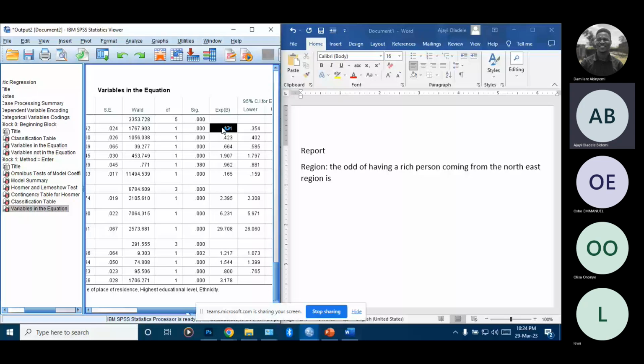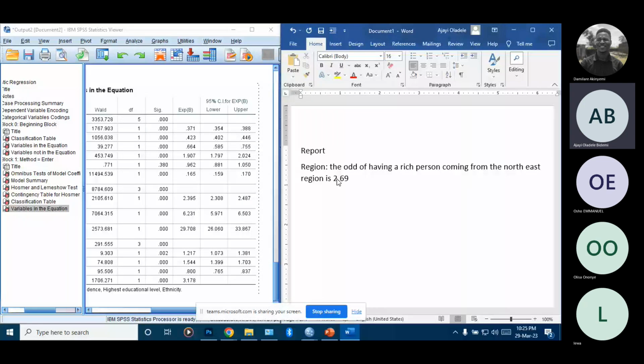So we say the odds of having a rich person, remember, rich and non-rich, coming from the northeast is 2.695 times less likely than having a rich person coming from the north central region. That is our ratio.